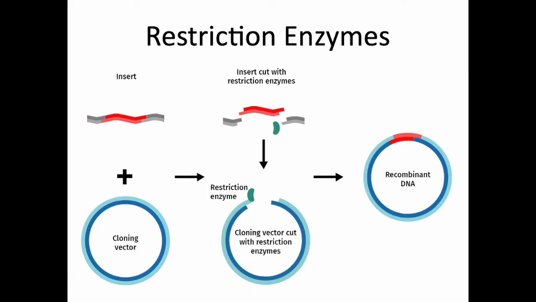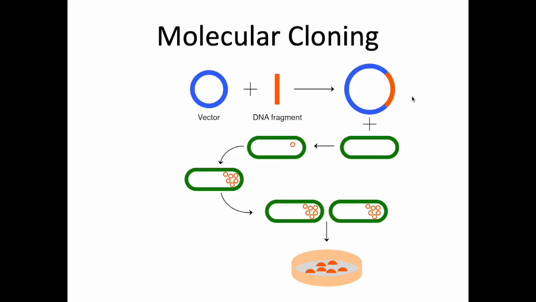So again, this cutting and gluing is admittedly, I think, the most confusing part to try to explain. But again, you can go back and watch this again. I've gone through the process of cutting, the process of mixing, the process of gluing. Now we're back to this overview here. We have our plasmid, which now contains our gene of interest.